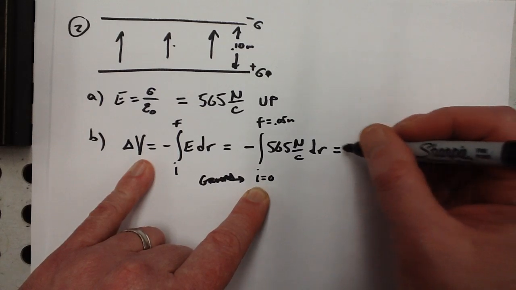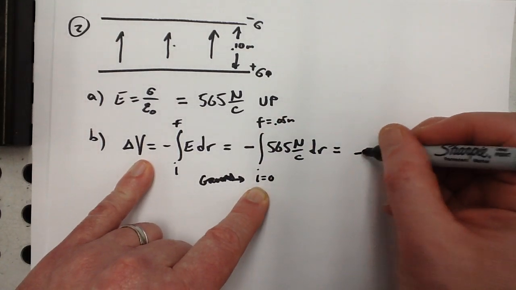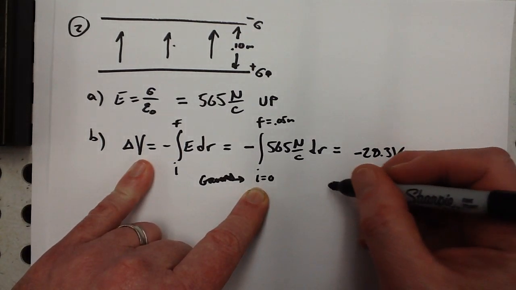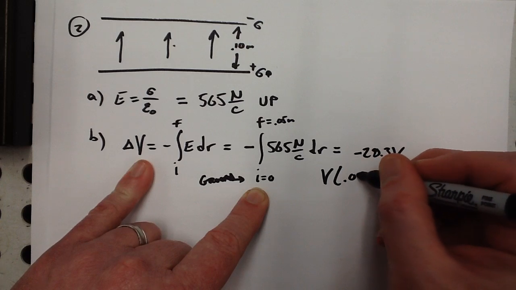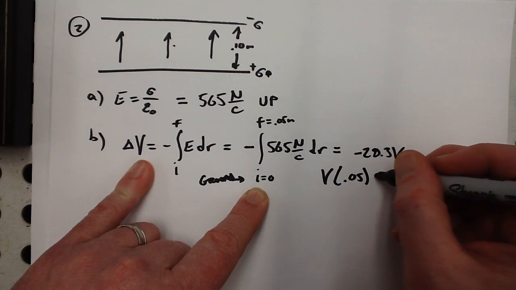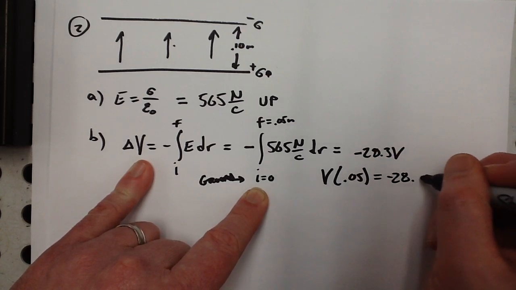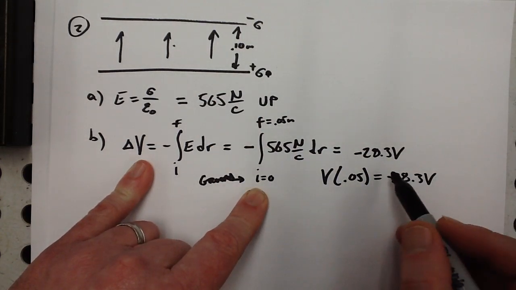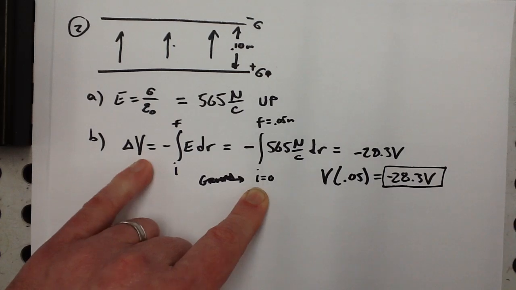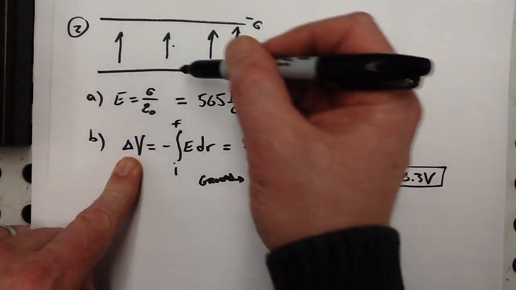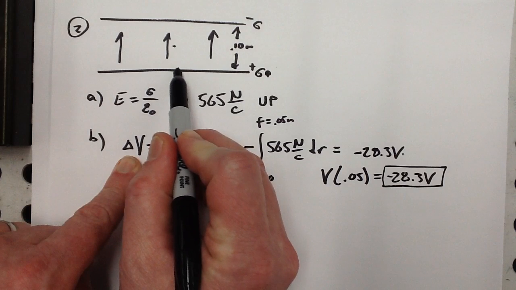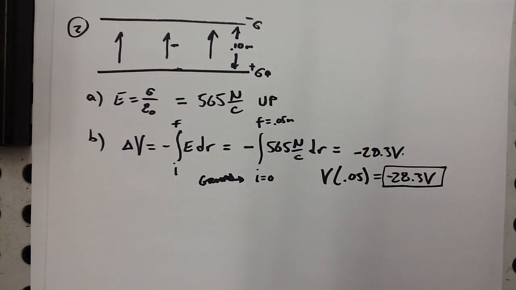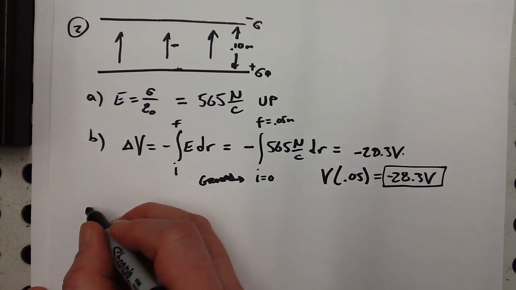So the value of this integral is, I think, negative 28.3 volts, and that is the electric potential at that location halfway between, because this is ground. Right? This is the potential difference between here and here, but since it is a 0 here, then it actually is negative 28.3 volts there. All right.